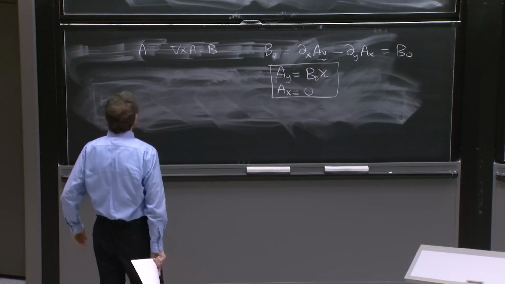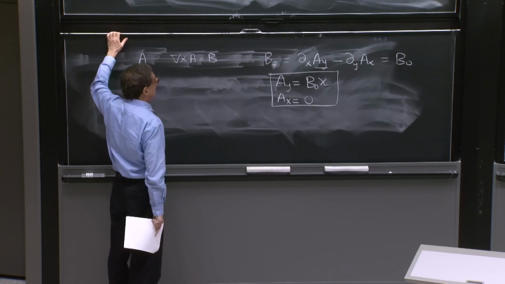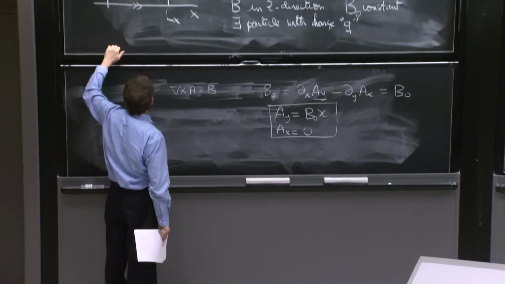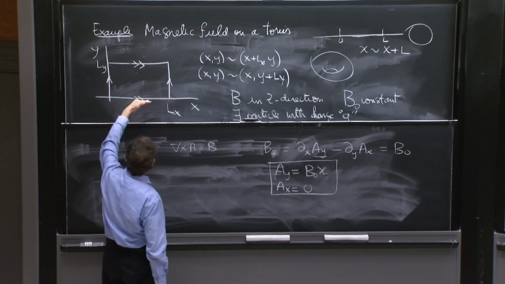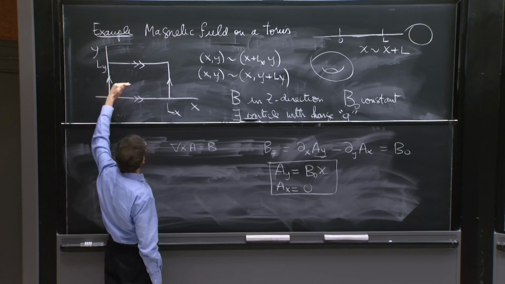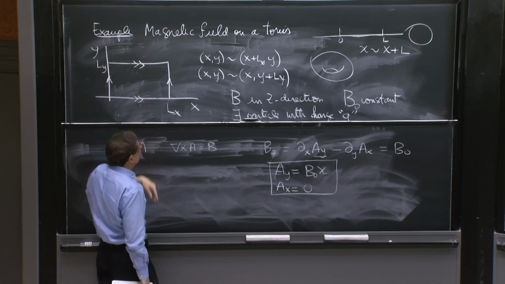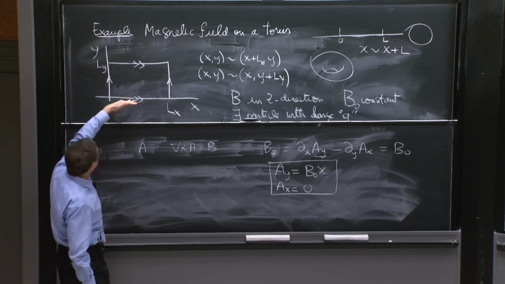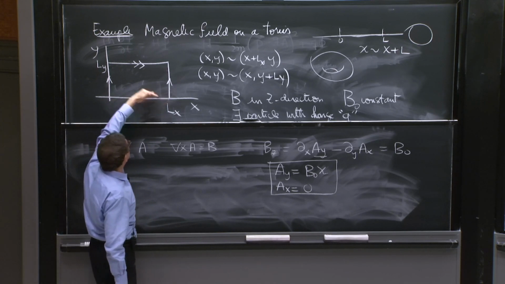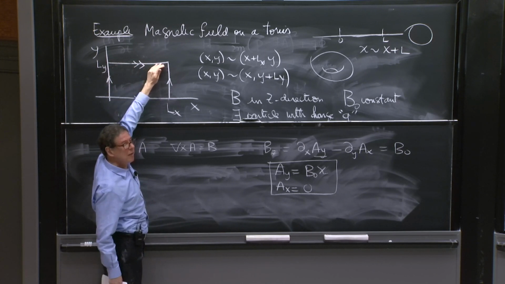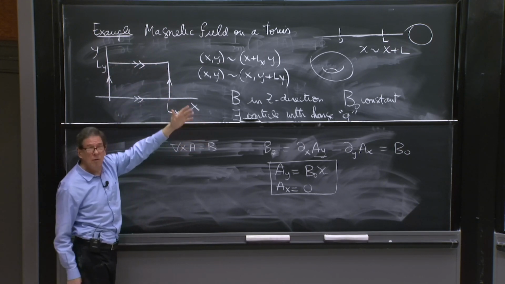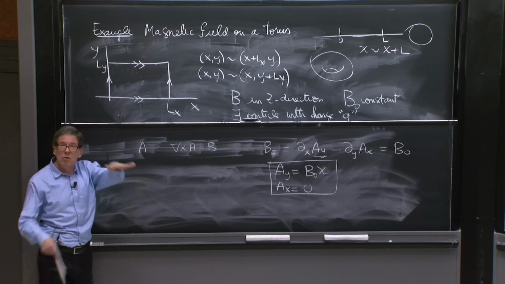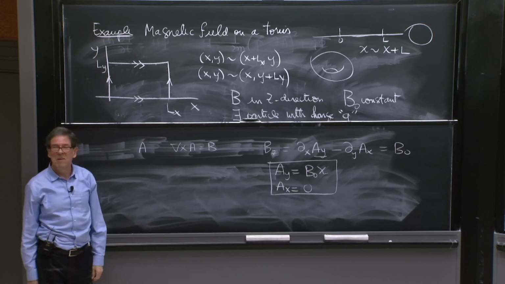What is the problem? If this is a torus, it means these points are the same as these points. So the vector potential here must be the same as the vector potential there, because it is, after all, the same point. You're gluing this surface.